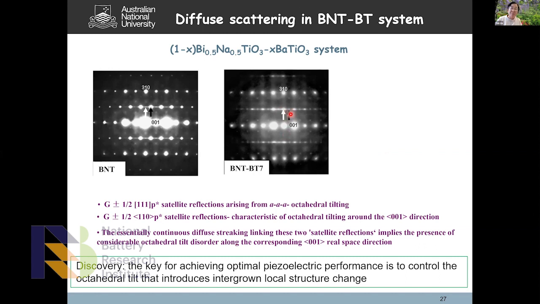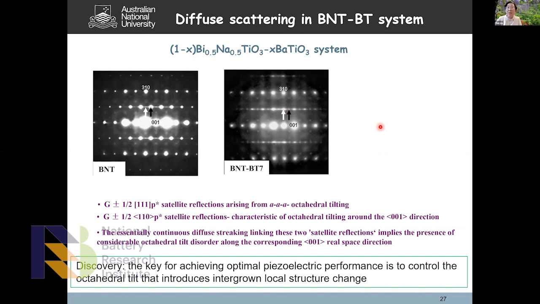So that tells you octahedral tilting in this morphotropic phase boundary plays an important role to achieve optimal piezoelectric performance. That's the first time we observed that.